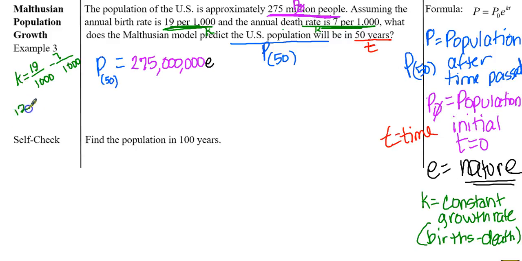Which you can simply do as 12 per 1,000, which actually I would prefer to write as a decimal personally, because the less fractions I have to plug into my calculator, the better off I am. 12 thousandths looks like this. Do you agree? 12. The 2 is in the thousandths place. That's 12 thousandths. So let's plug into our K, 0.012, times our time, which is 50 years.